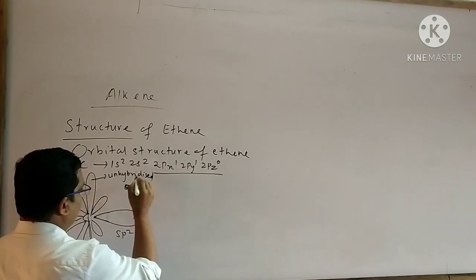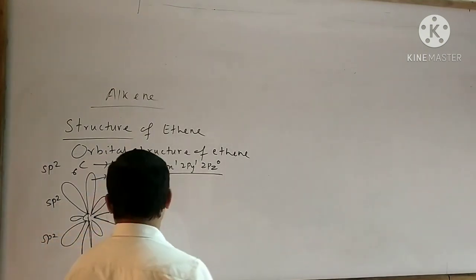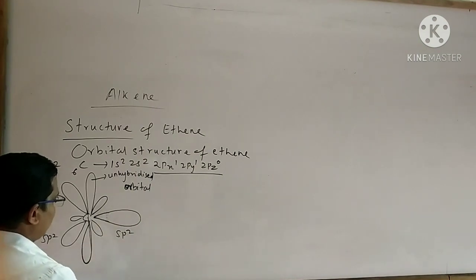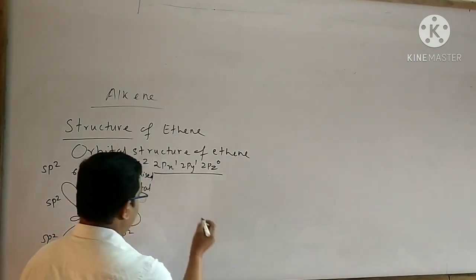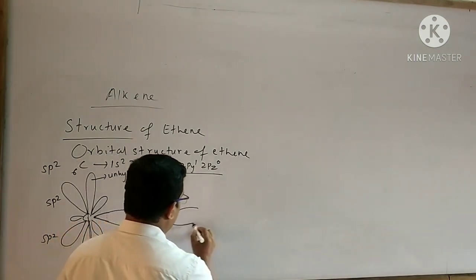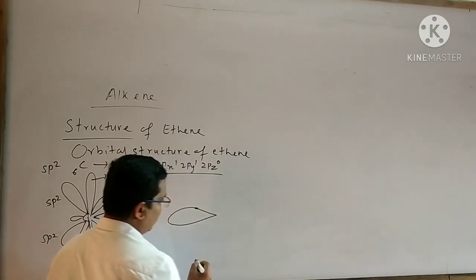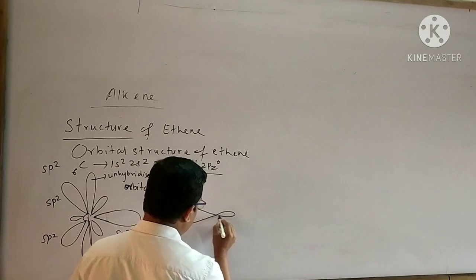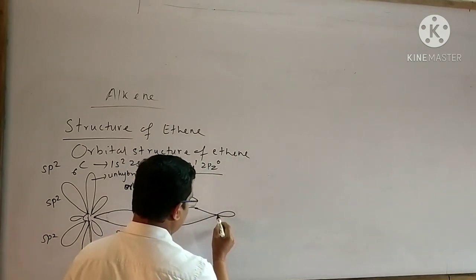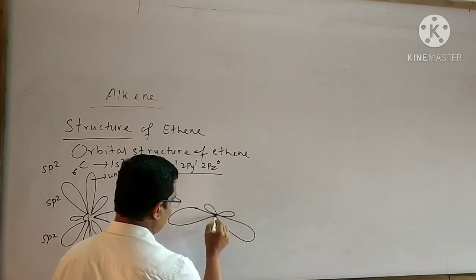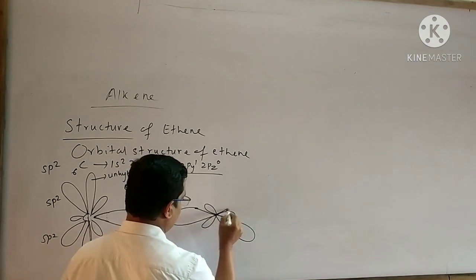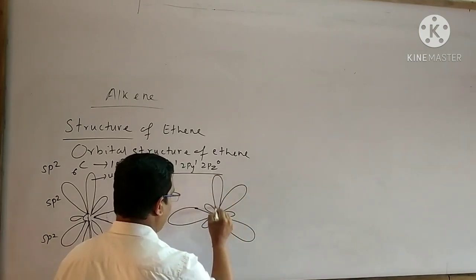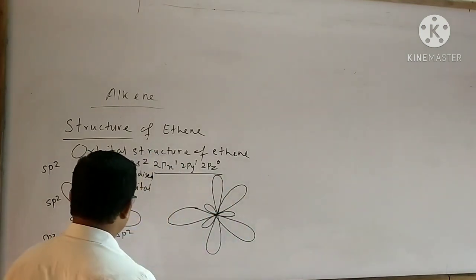Similarly, the other carbon atom also has a similar structure. That means I can draw the sp2 hybridized orbitals of the other carbon atom like this. This is your unhybridized orbital.